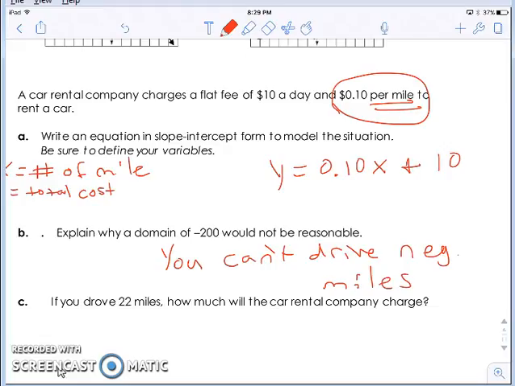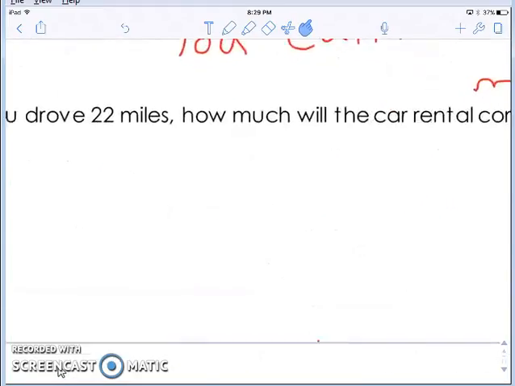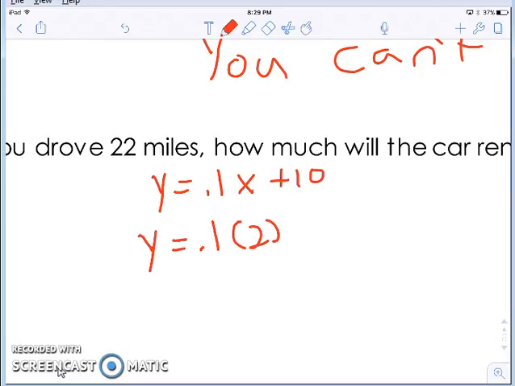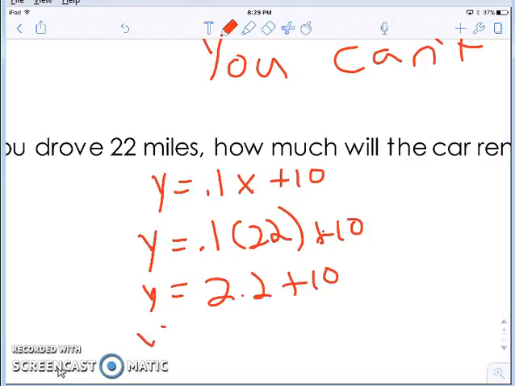If you drove 22 miles, how much would it cost? So 22 miles. If y equals 0.1x plus 10, put in 22 for x, and we get y equals 2.2 plus 10, or $12.20.